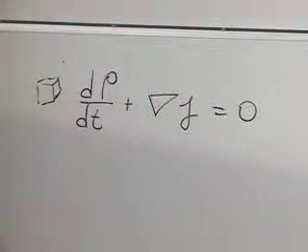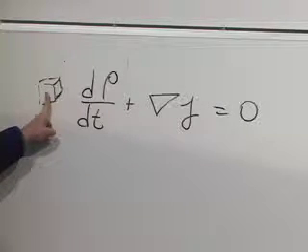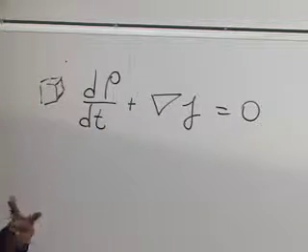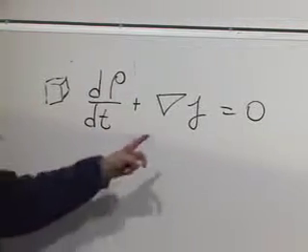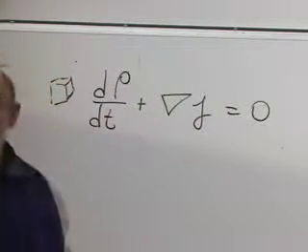What it expresses is that the rate of change of charge in the box is equal to the negative of the amount of charge that's flowing out of the box. If the charge is flowing out of the box, the amount of charge must be decreasing.